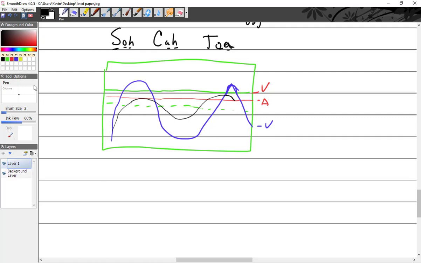You can actually get into a situation where right here my amperage peaked, and right here my voltage peaked. It doesn't always do that. Sometimes those sine waves start to spread out. When the voltage is peaking, maybe the amperage is just starting.